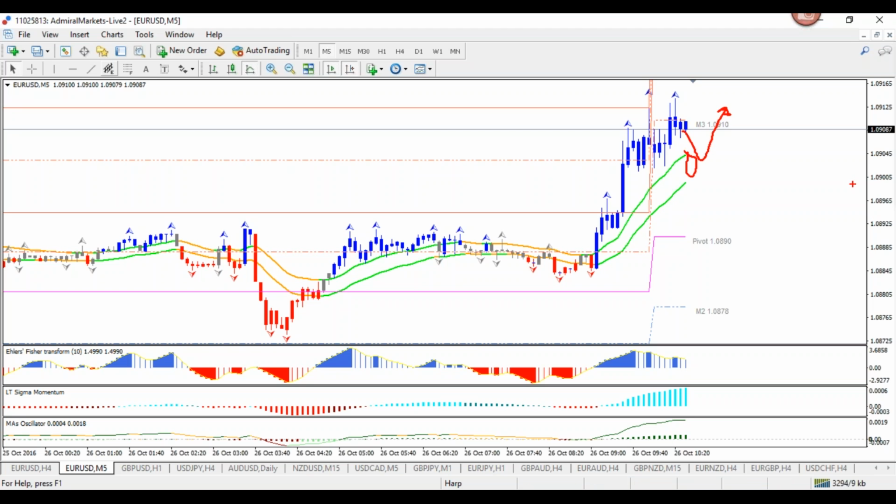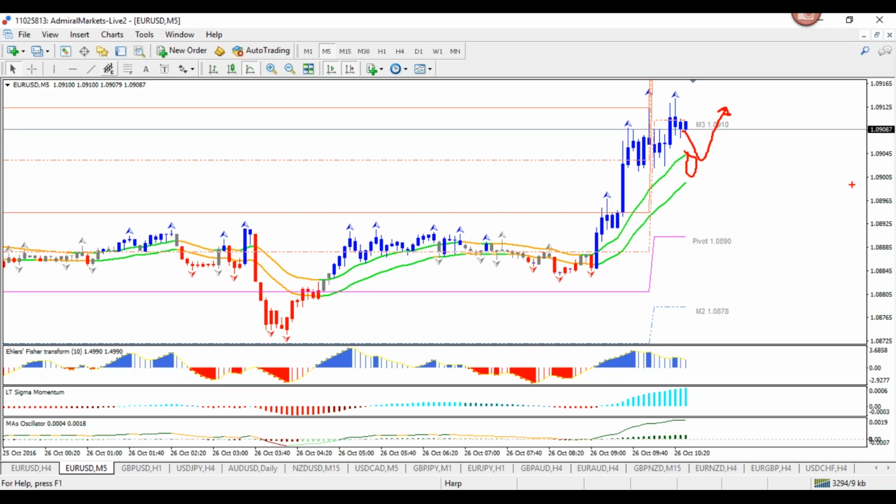On the euro dollar, I said I want to see a bull flag. Where would that bull flag go? I would not be surprised, obviously, to see that go back to the 21 EMA. So yeah, the system, the strategy here, and my discretionary analysis find a confluence there and match each other.